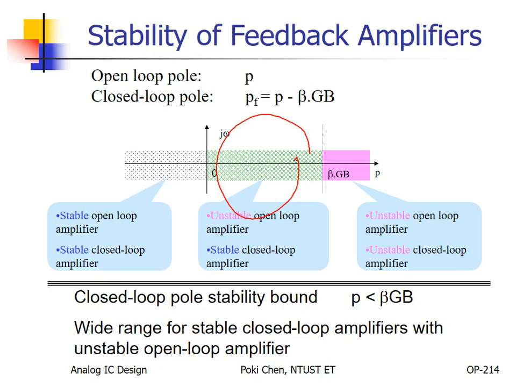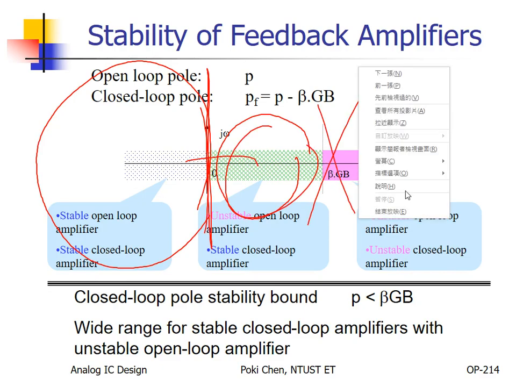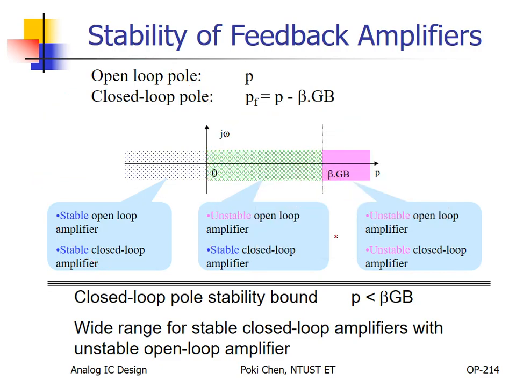Okay? From microelectronics to Allen's Bible to Razavi's Bible, they never touch this land. All of them only focus on this. Be brave. Cross the boundary to here. Okay, but not there. So, what is the consequence? You can see, for the op-amp itself, stable, unstable.